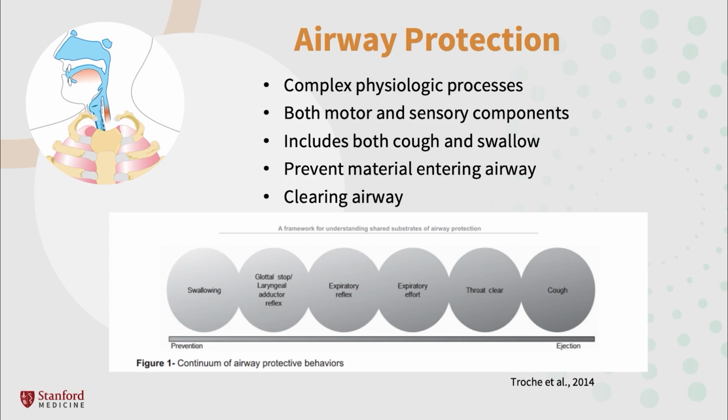Very complex, both motor and sensory processes, and it includes both our ability to cough and to swallow. And this is the function of preventing airway entry of foods, liquids, or saliva, and the ability to clear any material that's gotten down the wrong way, so to speak.